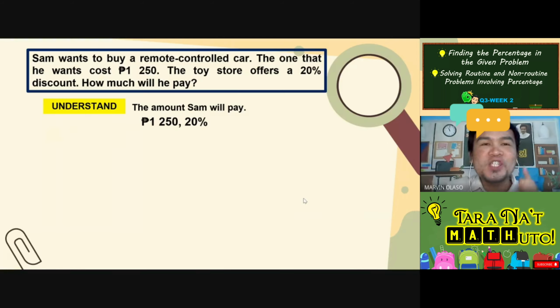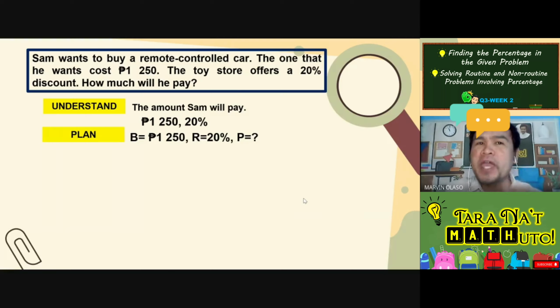Next is to plan. What are we going to do? 1,250 pesos is the base, and of course 20% is the rate. We need to find the value of P, which stands for the discount.